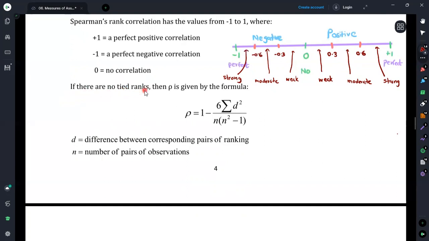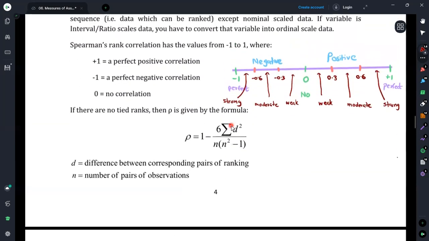Here, if there are no tied rankings, then the value for rho can be obtained using the formula rho equals 1 minus 6 times summation of d squared over n times n squared minus 1, where d is the difference between the ranks of the corresponding pairs, and n is the number of pairs of observations.